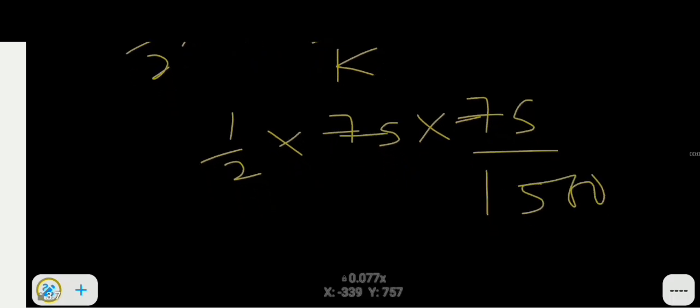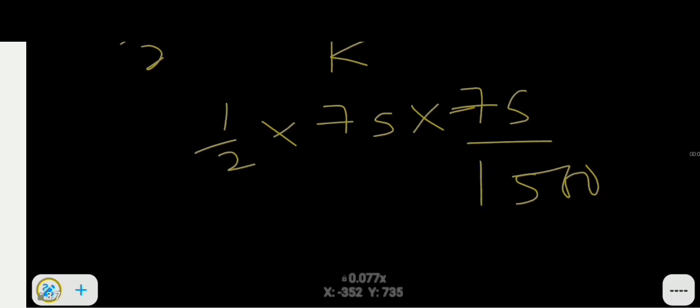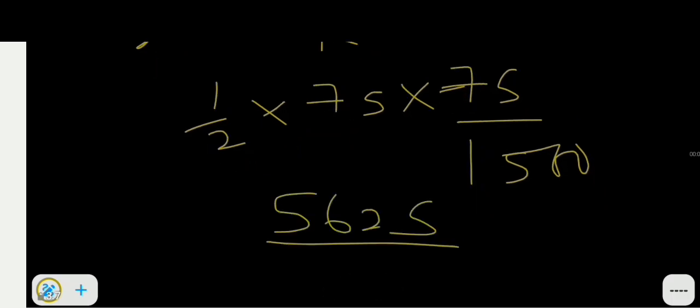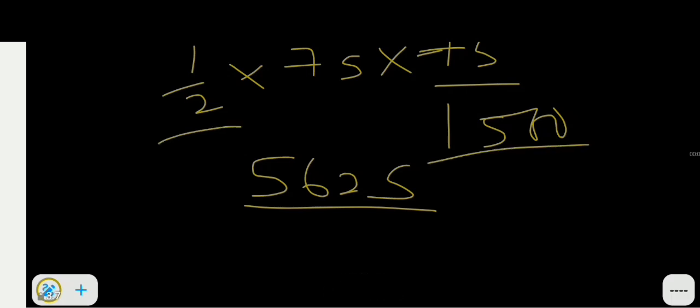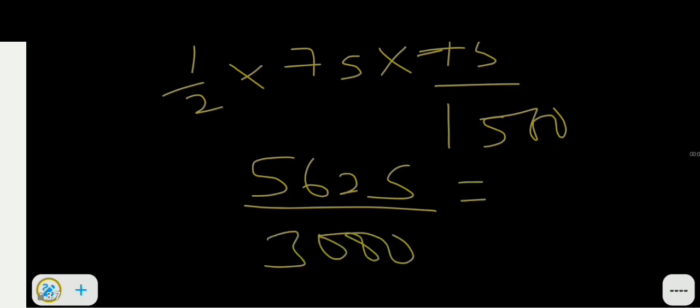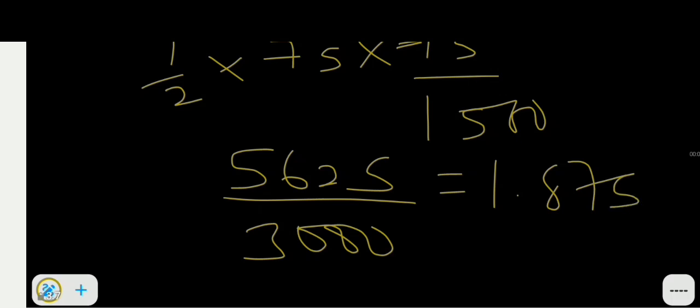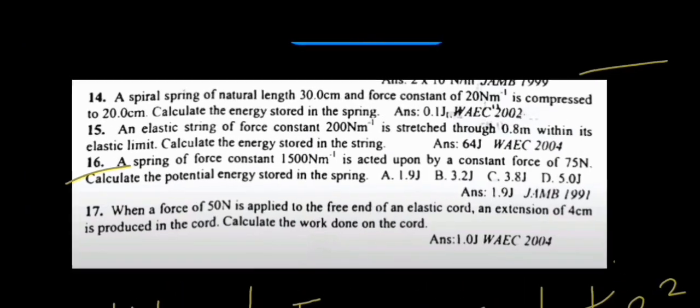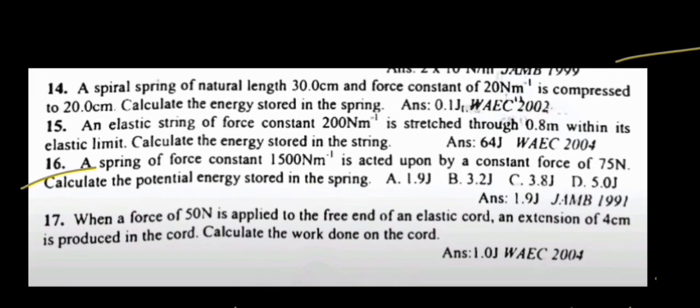The top, 75 times 75, gives you 5625, divided by 2 times 1500, which gives 3000. If you divide 5625 by 3000, you're going to get 1.875, which is the same thing as 1.88 or 1.9 joules. The answer is 1.9 joules. That's option A.